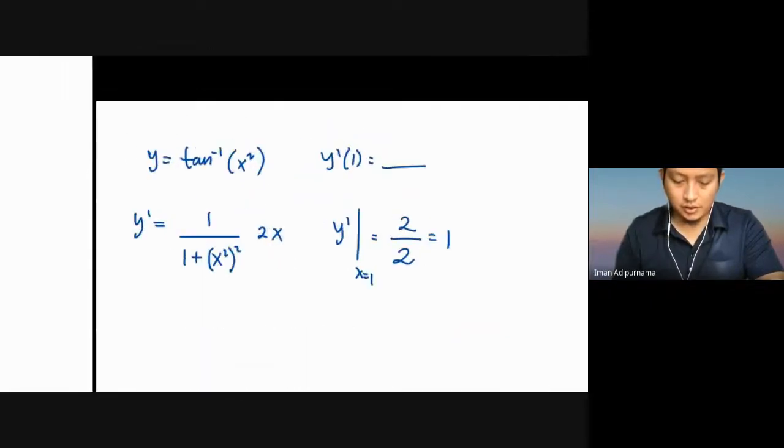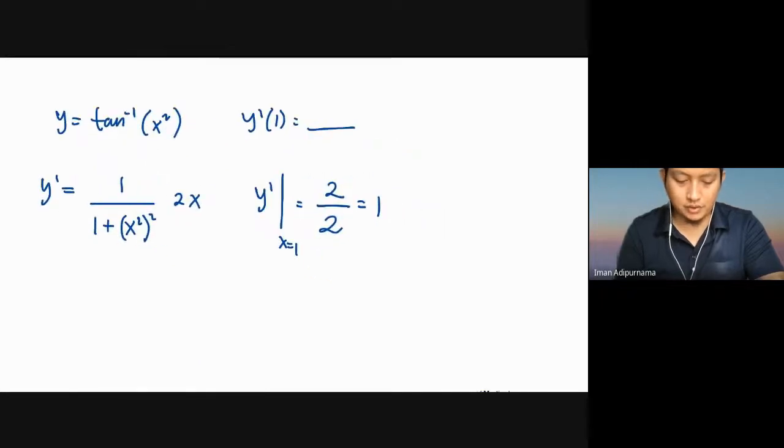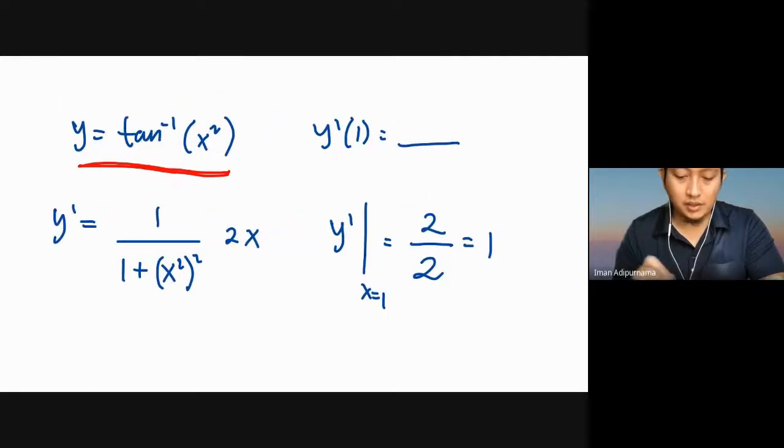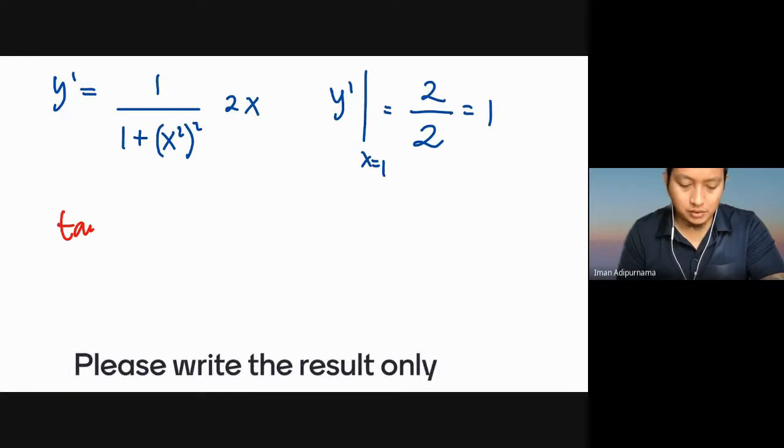The second question, you are given this equation here, tangent inverse of x squared. The idea here is to apply the inverse trigonometric derivative and then use the chain rule. Tangent inverse becomes 1 over 1 plus x squared, and then squared.